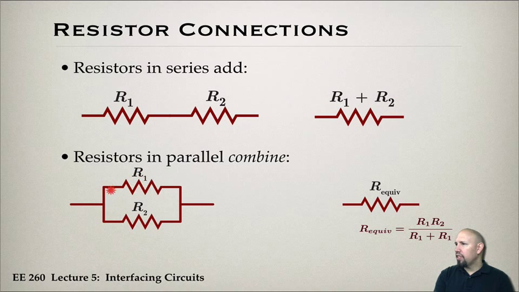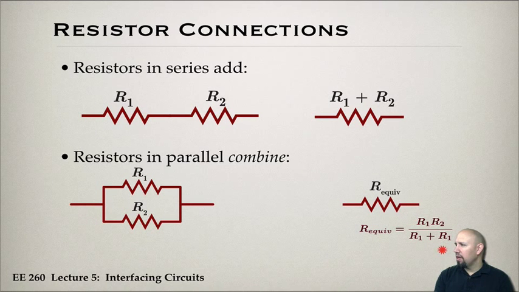Okay, here we have two resistors and they're in parallel. Remember, in parallel means they share two common nodes. They're sharing this node, they're sharing this node, and so they're in parallel. We can also combine these two resistors. Resistors in series add, resistors in parallel combine, and the way they combine is using this formula.